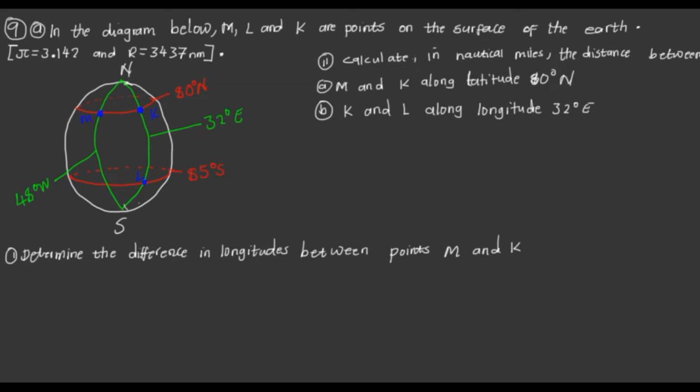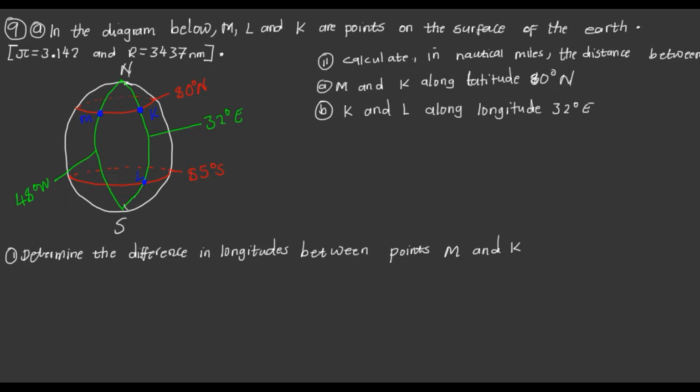Okay, so from the diagram, we can see that we have lines drawn in green and lines drawn in red. The lines drawn in green are known as longitudes, and the longitudes are lines that run from the north to the south.